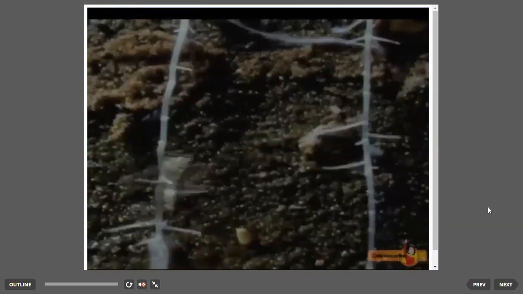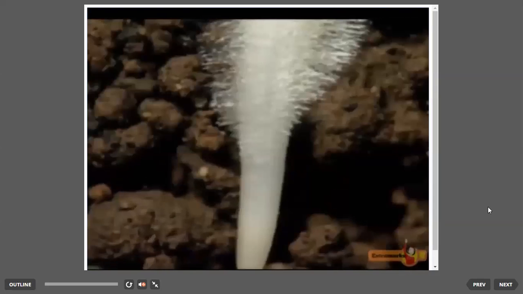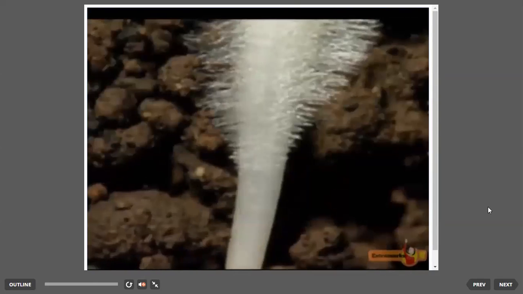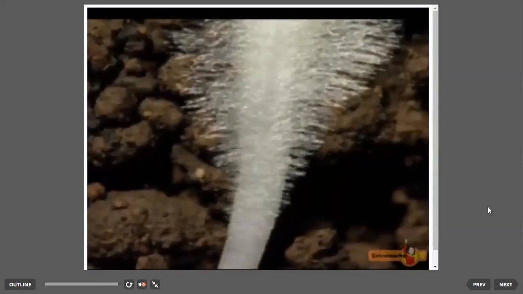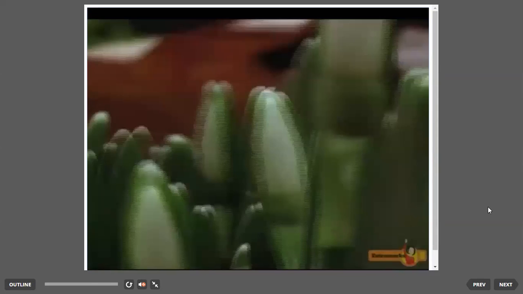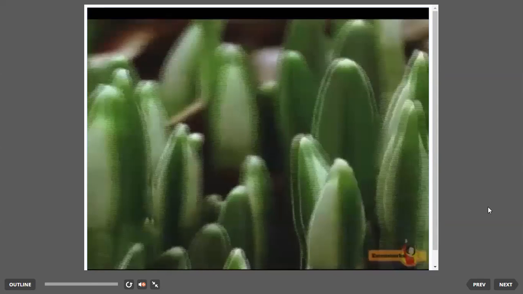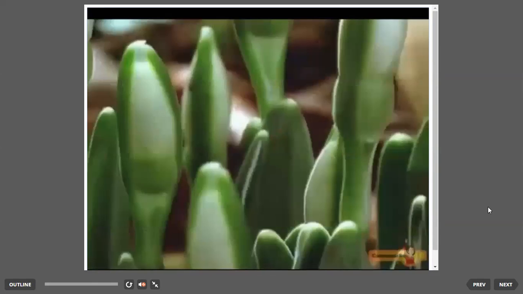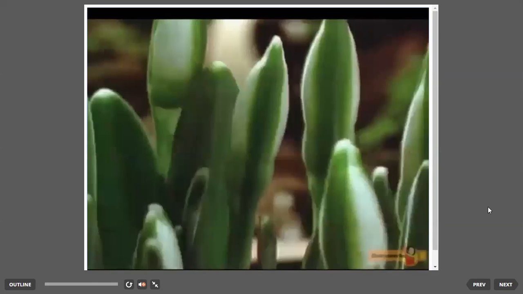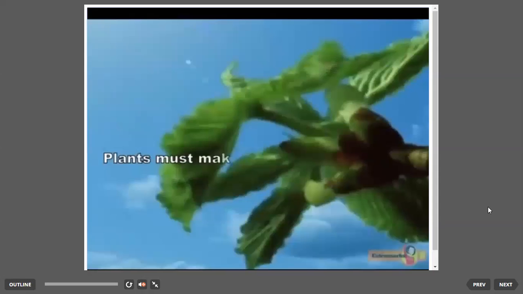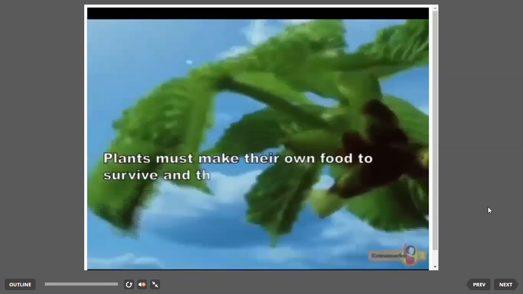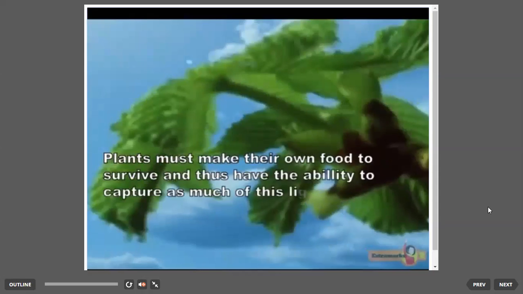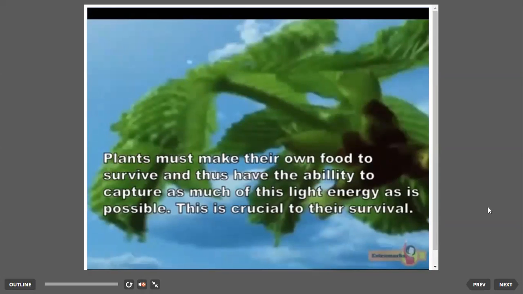This allows the roots to penetrate deep under the soil and anchor the plant firmly in the soil. Meanwhile, plant leaves absorb as much sunlight as possible for photosynthesis. Plants must make their own food to survive and thus have the ability to capture as much of this light energy as possible. This is crucial to their survival.